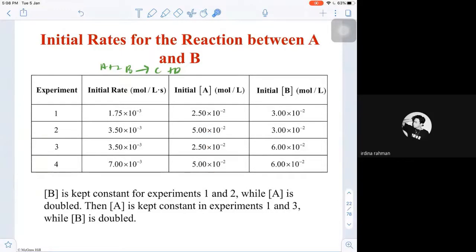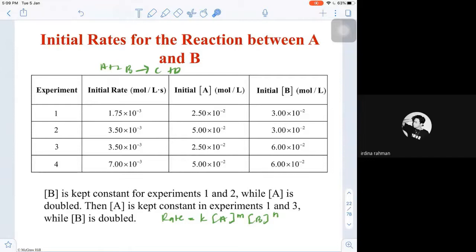So they are actually playing around with the concentrations of all the reactants that they have. Finally, from the data that they got, they can determine the rate law of the reaction, in which the rate law is rate equal to K, concentration of A power of M, concentration of B power of N. The values of M and N are not related to the stoichiometric coefficients here. There is no connection at all. The values of M and N must be obtained from calculation.